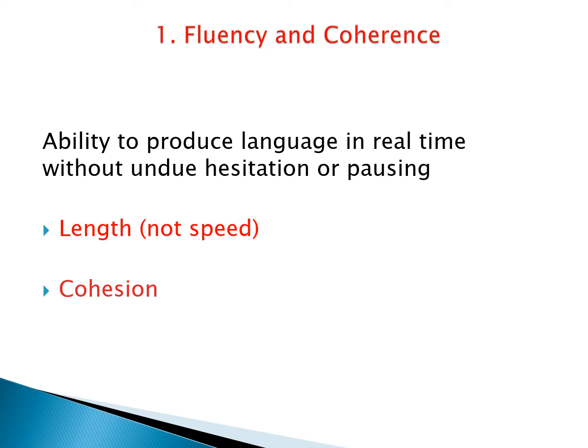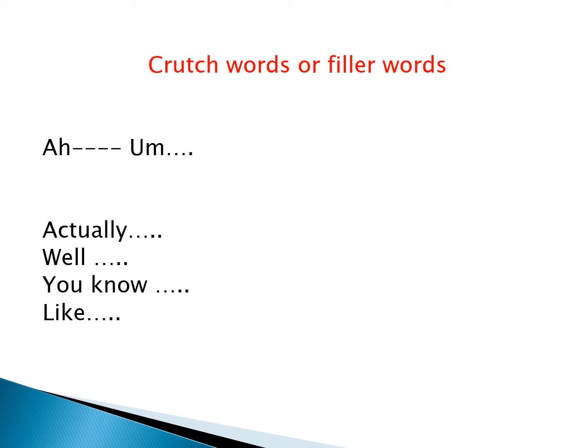A problem associated with fluency is the use of crutch words or filler words. We often hear speakers using crutch words when they struggle for words. Also, there are speakers who have some obsession in using certain specific words.